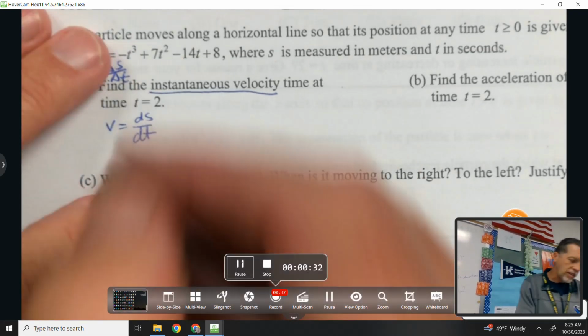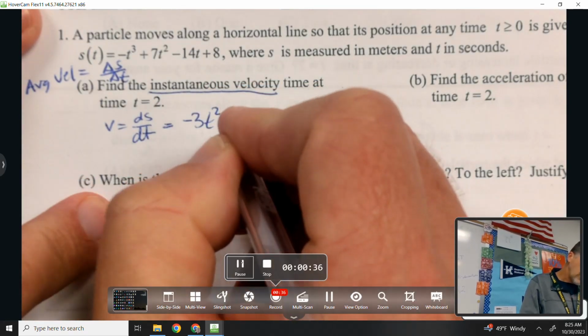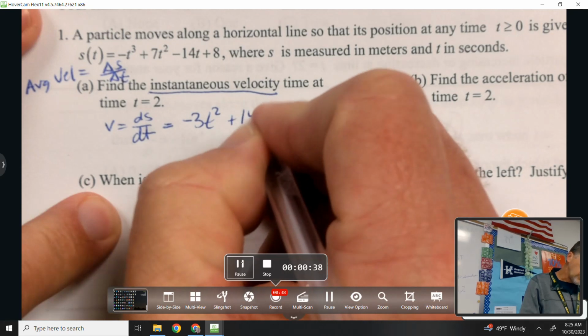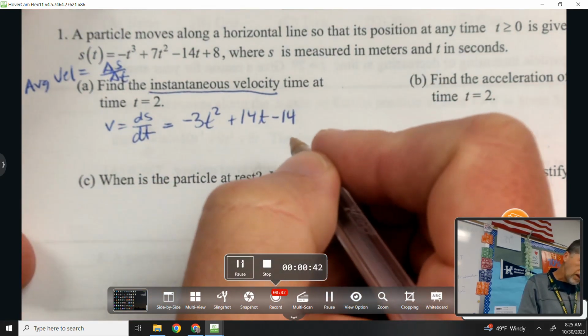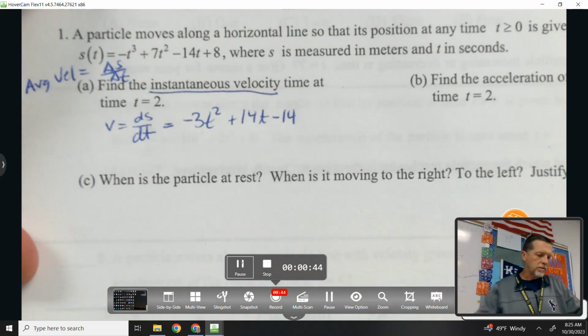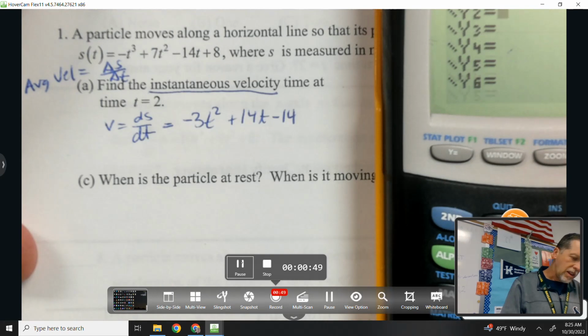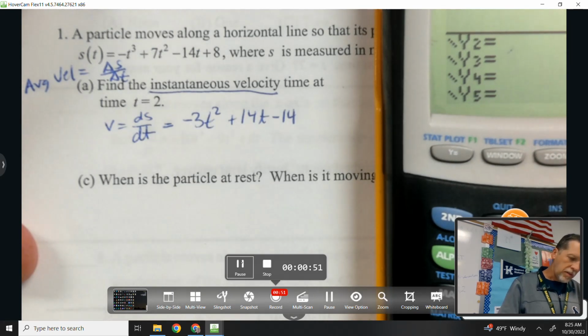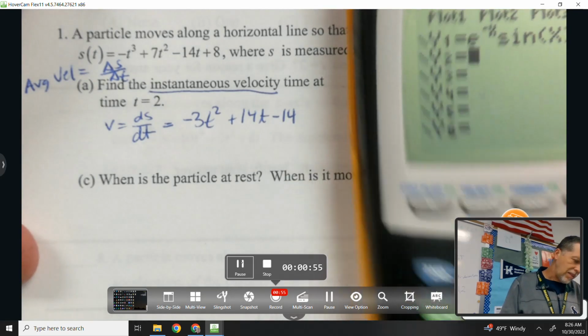That's a derivative. So negative 3t squared plus 14t minus 14. And this is with calculator, so I don't even have to. Well, do I really want to?